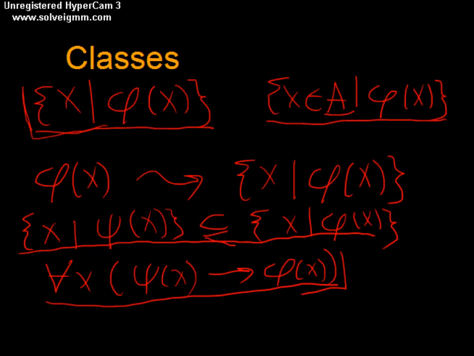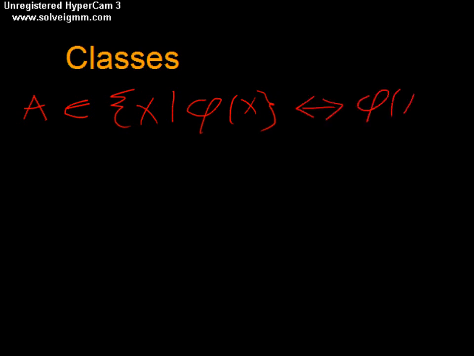We can also define two classes to be equal to each other if they are a subset of each other. Now, given any set A, we define A to be an element of the following class exactly if phi A holds.